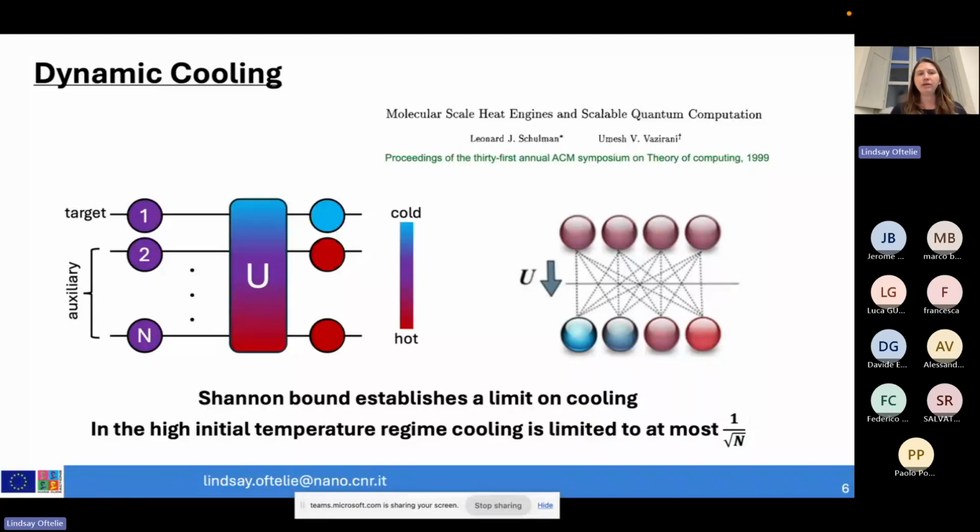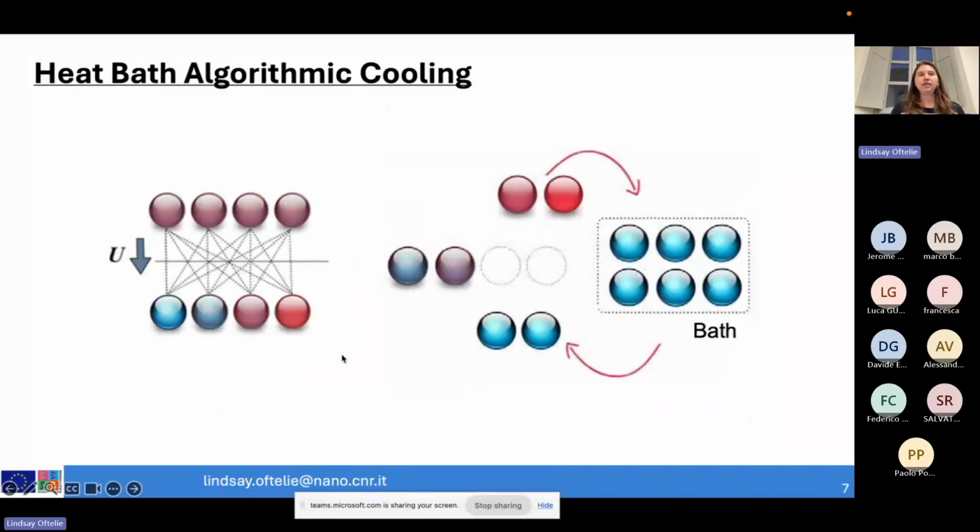And they thought, how can we beat this Shannon bound? Well, because the Shannon bound applies to a closed system, they thought, let's open the system up. Let's allow our qubits to interact with the environment. So this led to the development of what's known as heat bath algorithmic cooling. And this proceeds in two phases. You first do a phase of dynamic cooling, as before, but now you open up your system.